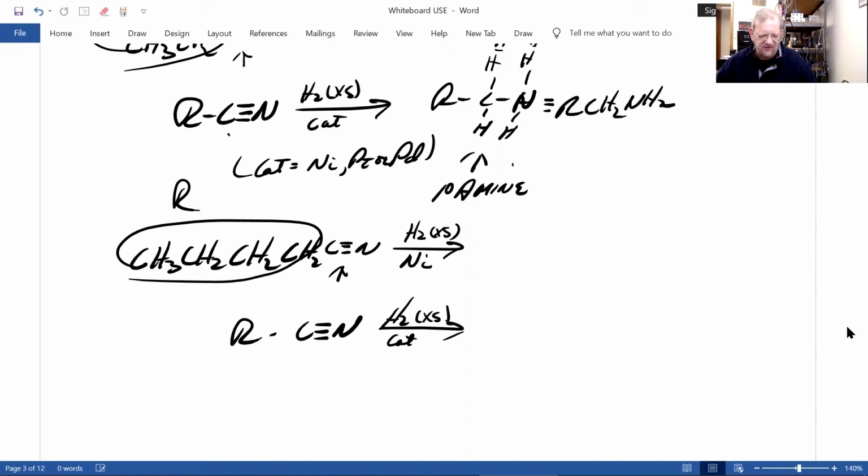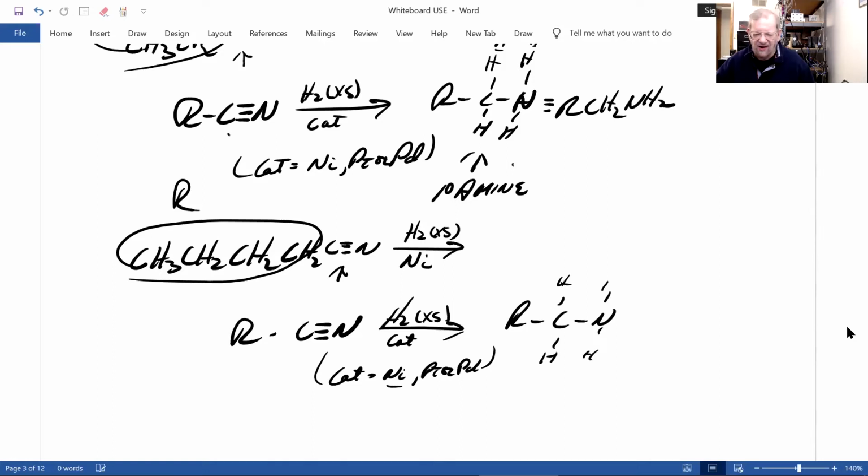I have a catalyst. The catalyst can be nickel, platinum, or palladium. In real life and industry, we use nickel because it's cheaper. And you break the 2 pi bonds, and each atom of the triple bond gets 2 hydrogens.